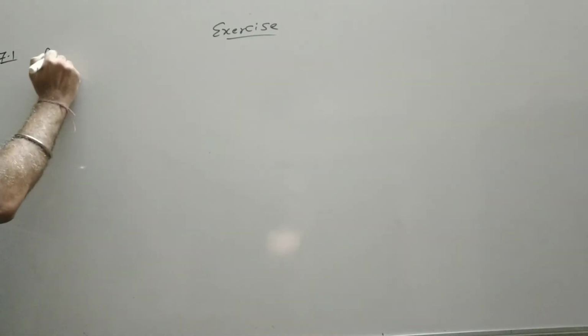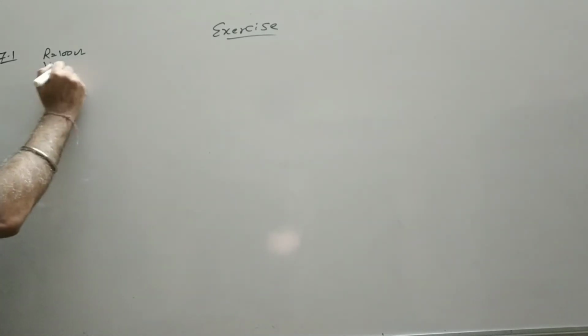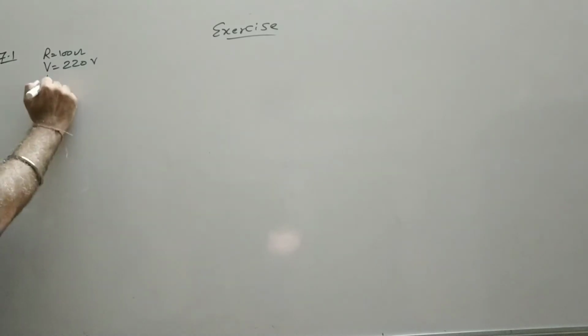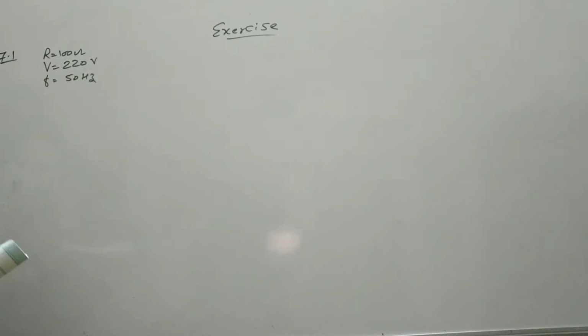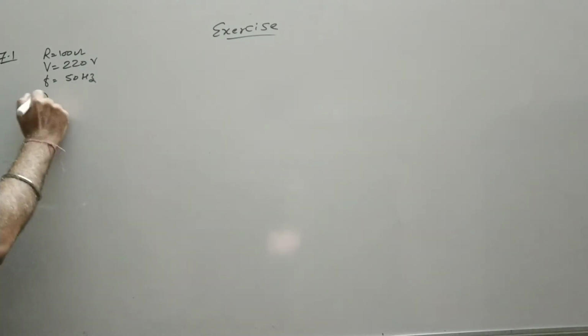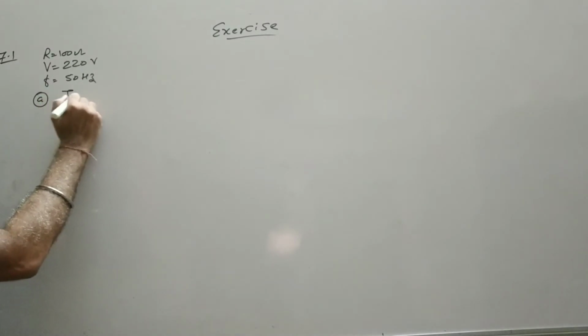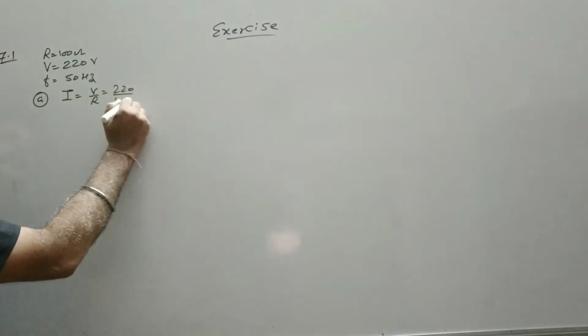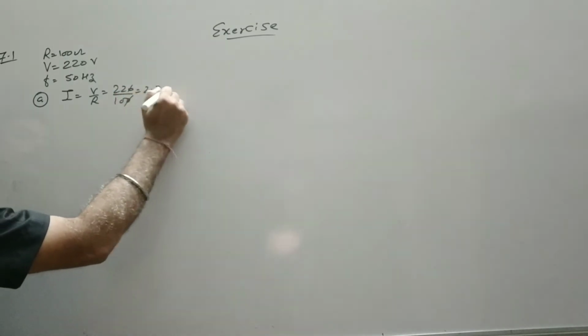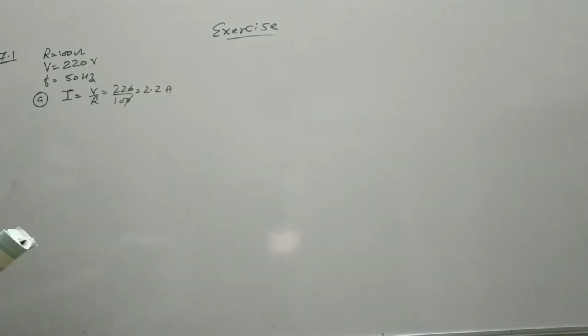So R is equal to 100 ohms connected to a supply of 220 volt, means this is VRMS. The supply frequency is 50 hertz. First part, which is very simple, find out the RMS value of the current. So clearly I is equal to V upon R, that is 220 upon 100, so it is 2.2 ampere.